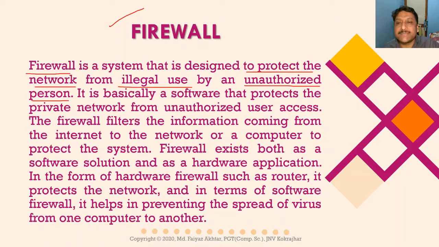It is basically software that protects the private network from unauthorized user access. How does it protect us from illegal use by an unauthorized person? The firewall filters the information coming from the internet to the network or a computer to protect the system.